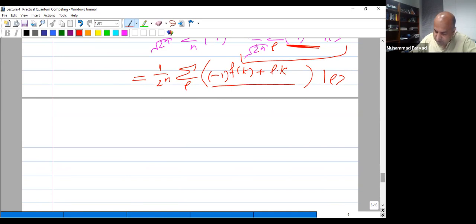So we are now almost at the final step, because now I can see what will happen. Sorry, somehow the screen has collapsed.